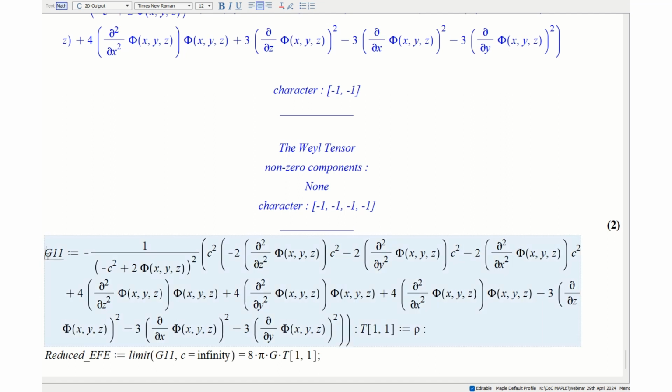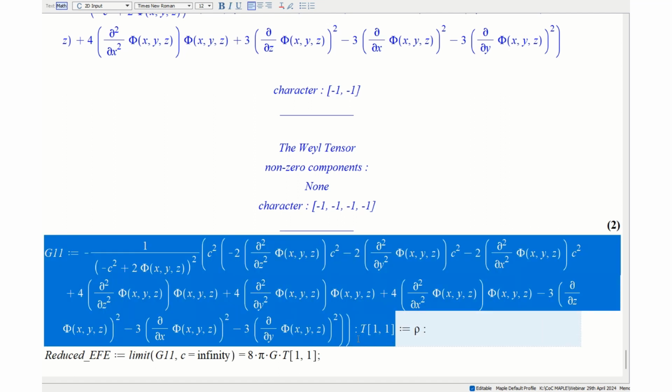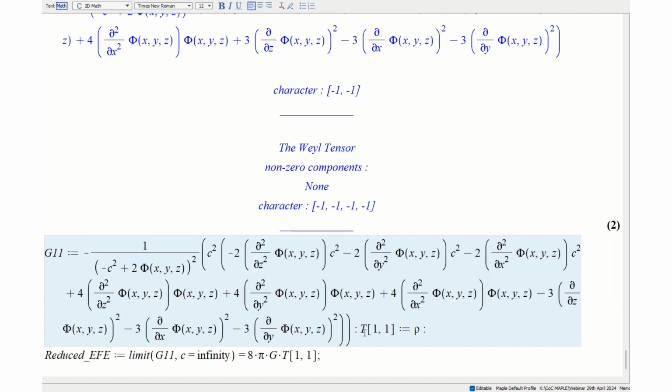So here the G11 part I have picked up. Then in T11 I'm substituting rho, that is mass density.